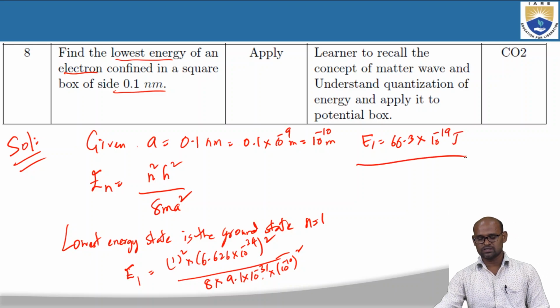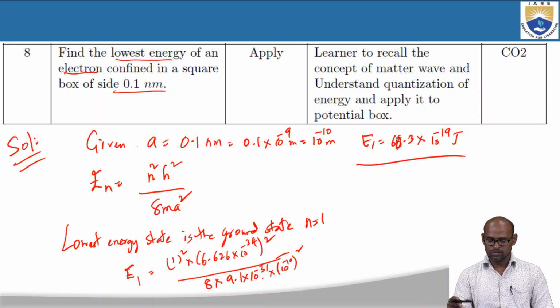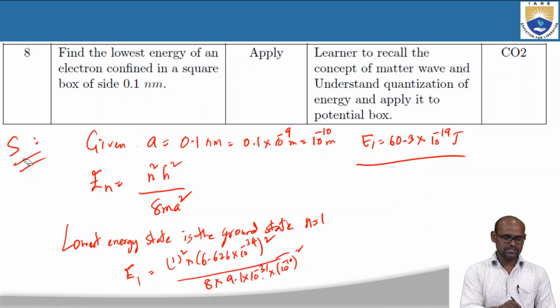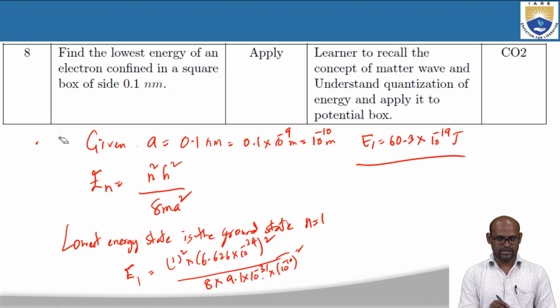This is the lowest energy of the electron trapped in the box of size 0.1 nanometers. Lowest energy state is nothing but the ground state, n is equal to 1.